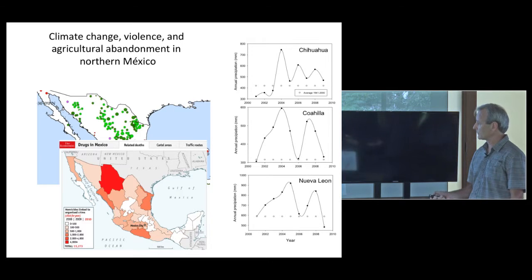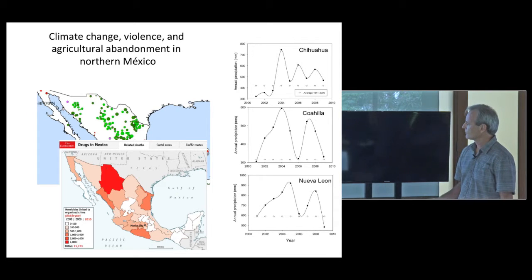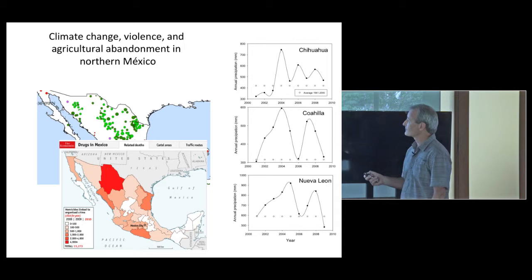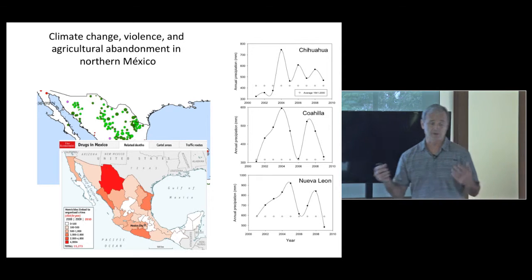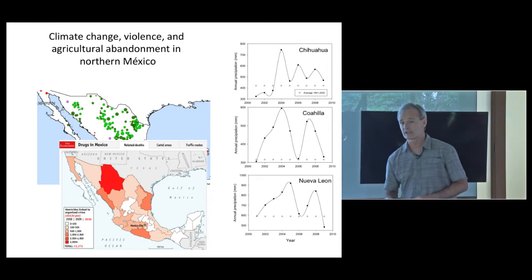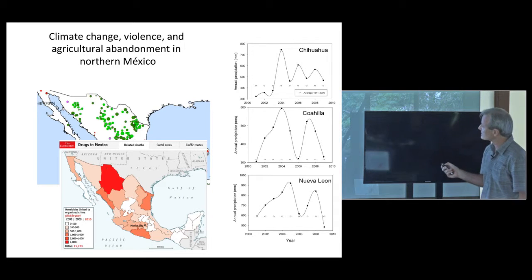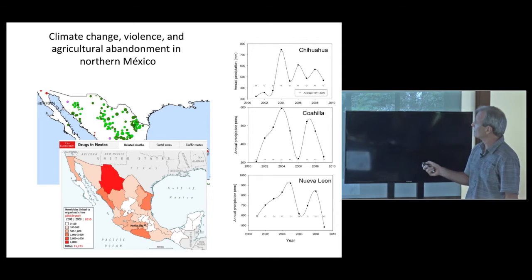Here's a figure from The Economist showing that in 2010 there were over 40,000 homicides associated with the drug trade. Clearly this violence could have an impact on agriculture, the abandonment of agricultural land, but at the same time, what was interesting is that these three northern states of Mexico had high levels of rainfall.